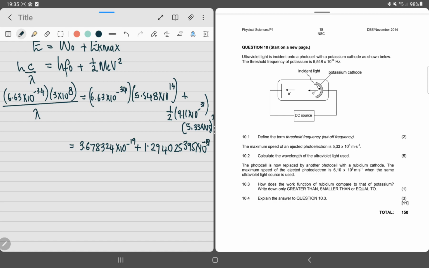And then this side I'm getting times 10 negative 34 multiplied by 3 times 10 exponent of 8. So I'm getting 1.989 times 10 negative 25 all over lambda.